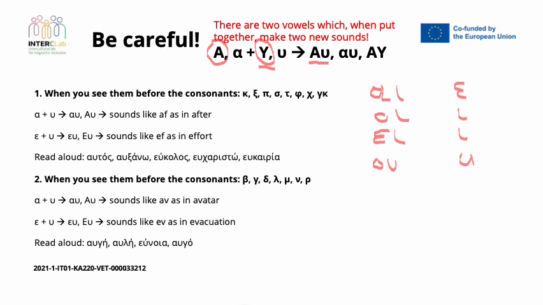There are two cases in which you will see a and e placed together. Here is the first case, number one. When you see these two vowels next to each other before the consonants k, ks, p, s, t, f, h, and g, then the sound they make is af, as in after.